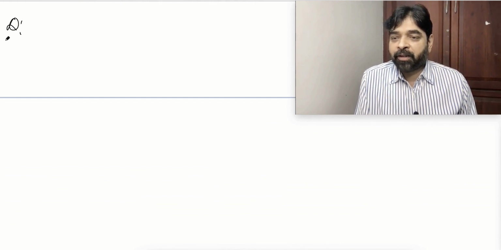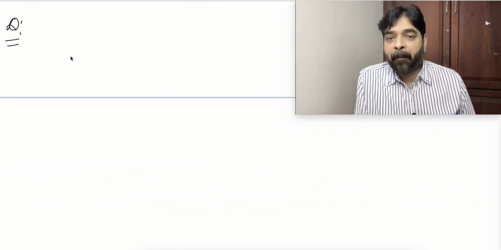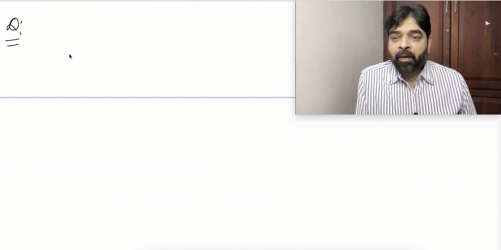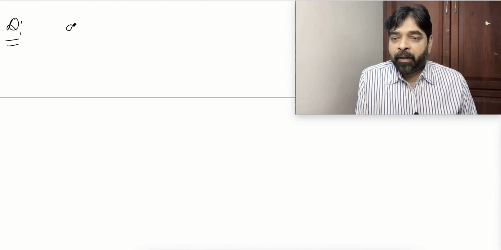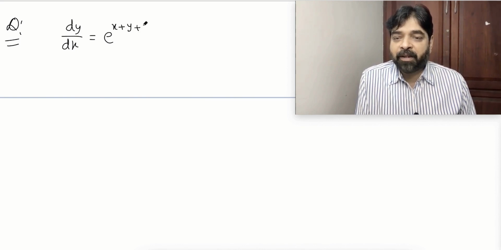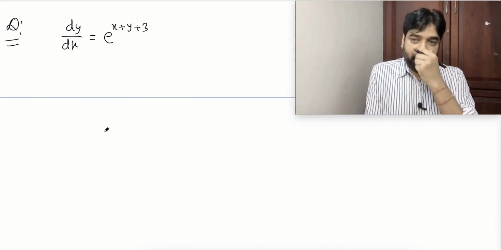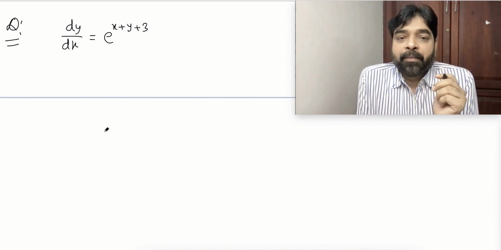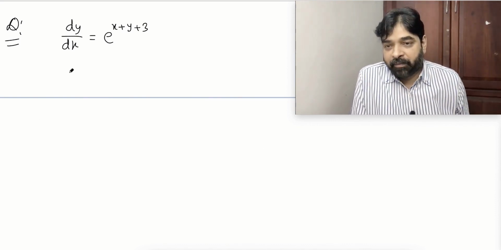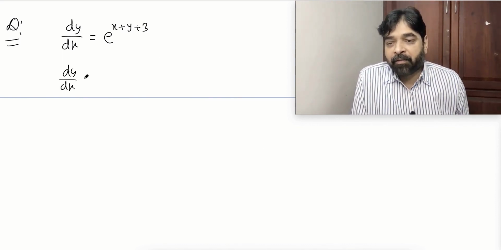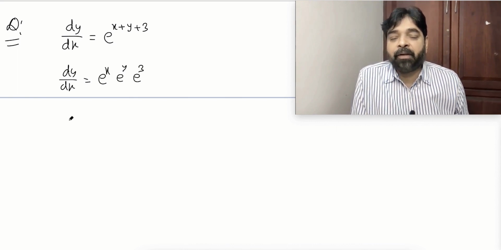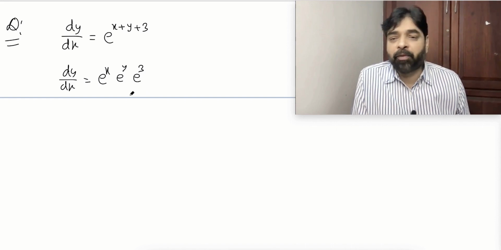Next question. dy by dx is equal to e power x plus y plus 3. Very simple here. dy by dx equal to, I can write e power x, e power y, e power 3. e power 3 is constant, don't worry.